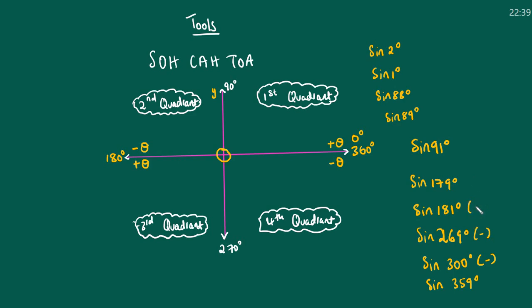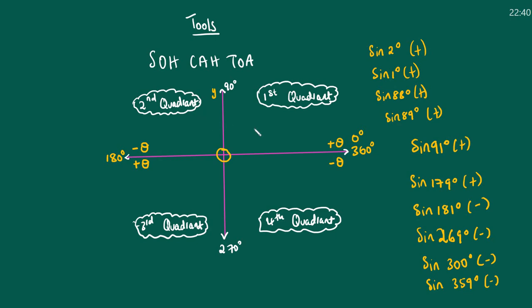I think this one was negative, and this one was positive. Positive, positive, positive, positive, positive, and then negative. Okay. So guys, using this, can you tell me in which quadrants is sine positive between quadrant 1, quadrant 2, quadrant 3, and quadrant 4? Quadrant 1 and quadrant 2.